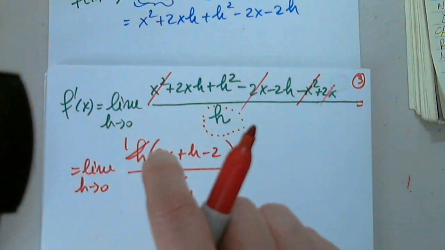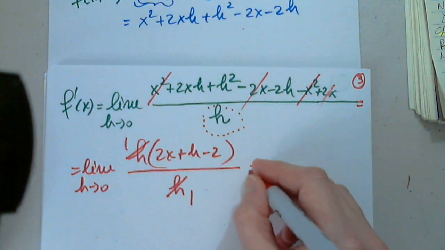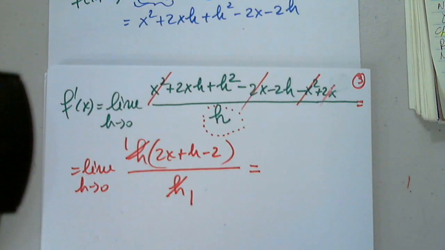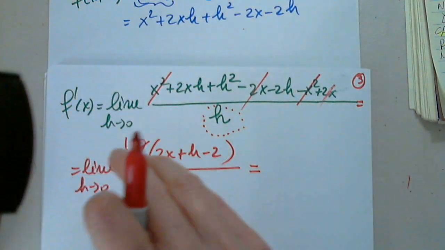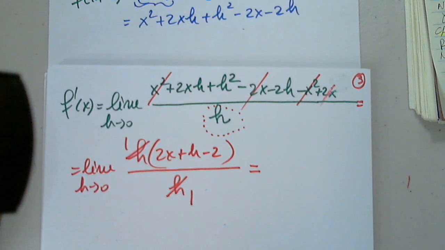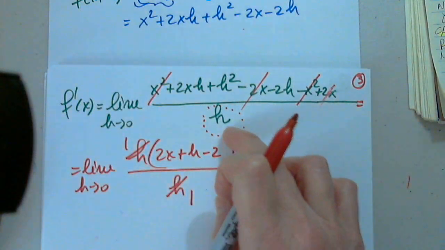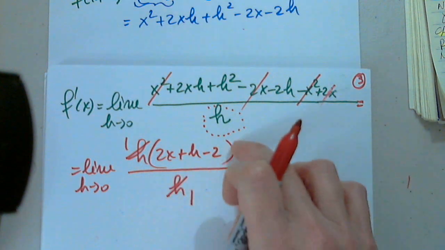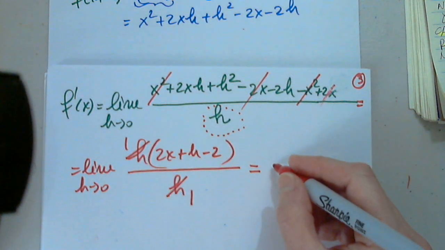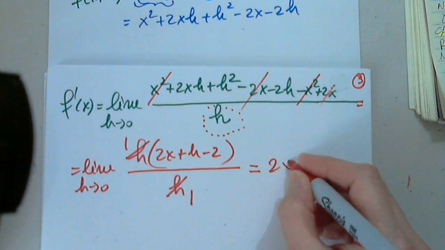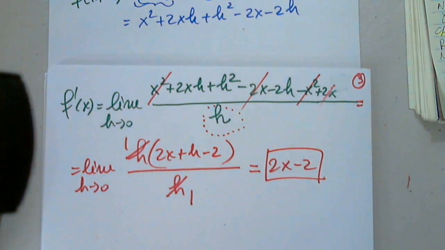Now, please apply the limit here and tell me the final answer. Now the limit will disappear because I'm applying it. So when h approaches 0, what is the answer of this expression? 2x minus 2. Thank you very much. Levi, thank you. Yep, that's it.